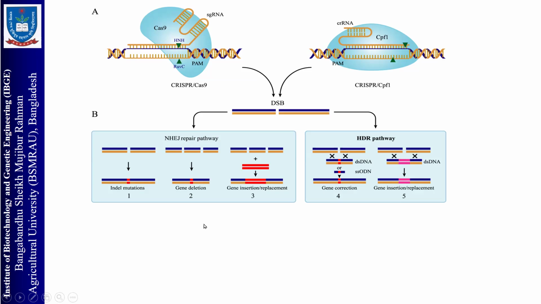So this part is called the non-homologous end joining repair pathway. On the other hand, here is the homology-directed recombination pathway. The double strand cut is similar, but here you can also insert a new gene into the DNA sequence, or even small corrections can be done by using a double-stranded complementary DNA sequence.